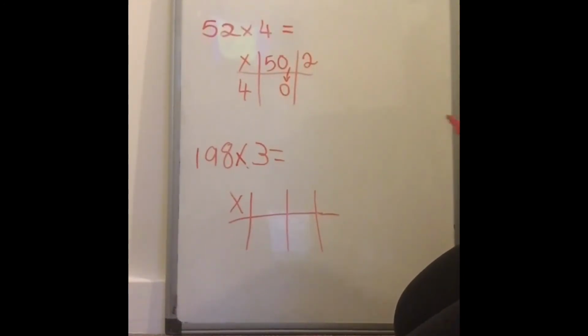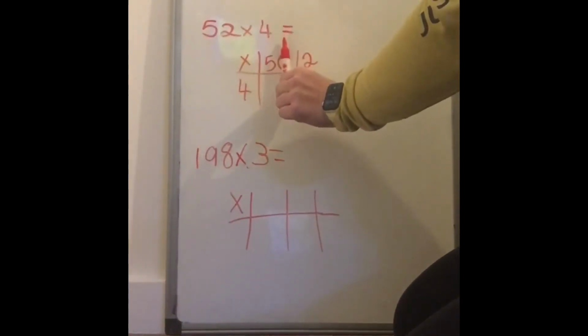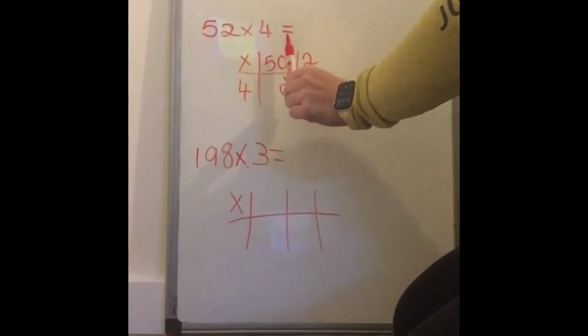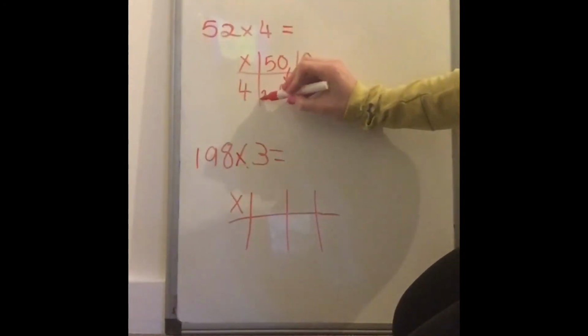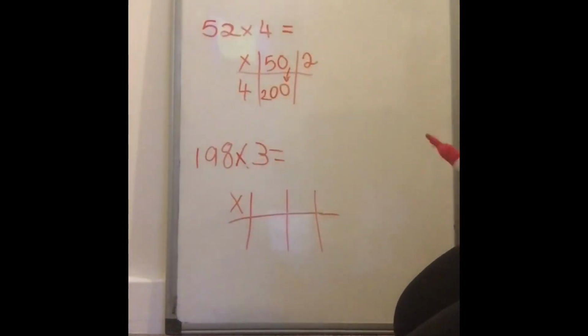So now we can look at it as 4 times by 5 and ignore the 0 for a second. 4 times by 5 is 20, so we'll pop a 20 down, which shows us that actually 4 times by 50 is 200. So it's helped us with our maths.